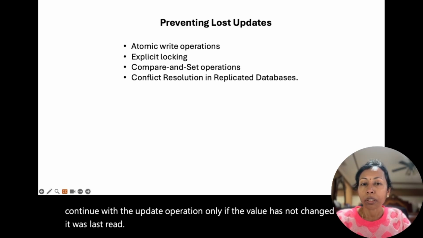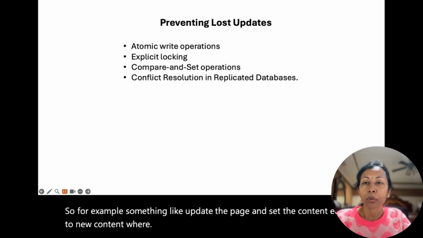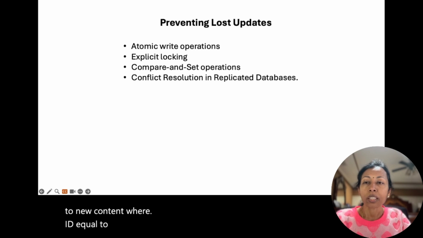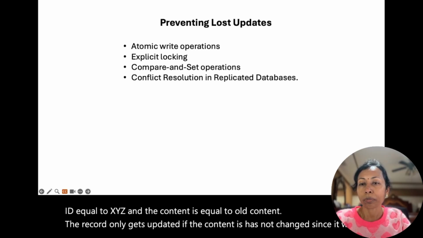For example, something like update the page and set the content equal to new content where id equal to xyz and the content is equal to old content. So the record only gets updated if the content has not changed since it was last read.